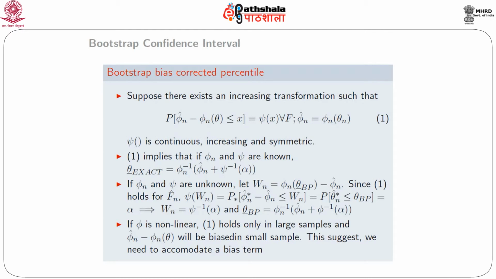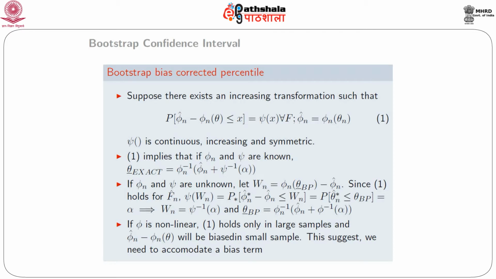Now, the bootstrap bias corrected percentile. Suppose there exists a transformation phi such that P of (phi n hat minus phi n theta) less than or equal to x is equal to psi of x for all F, where phi n hat is phi n of theta n hat, and psi is continuous, symmetric and increasing. For example, psi can be capital Phi, where phi is the normalizing and variance stabilizing transformation.